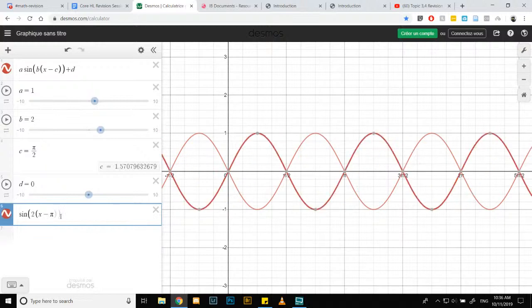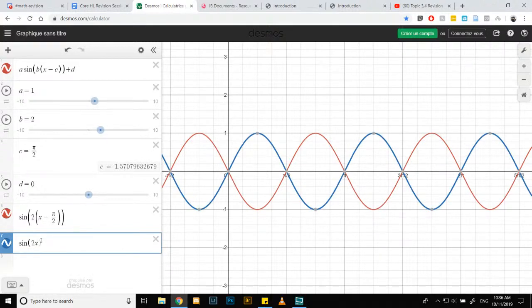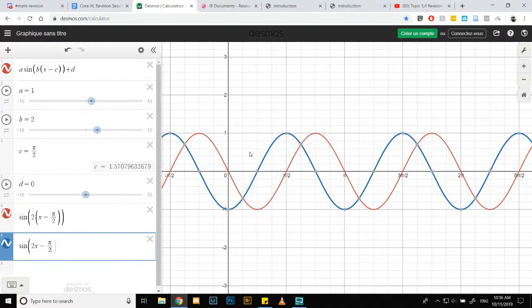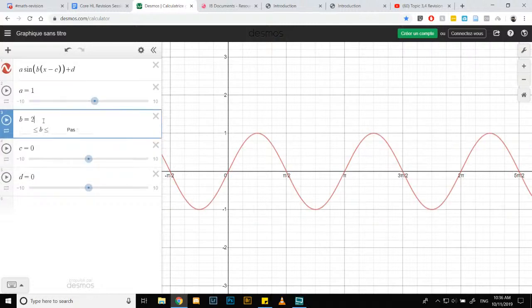You need to make sure you put it in brackets like that. The 2 covers the entirety of the function. This is not the same as sine of 2x minus pi over 2. That is wrong, and it will give you the wrong function. You need to make sure that the scaling, the stretching or squishing factor, is around the entire translation factor of the sine. So yeah, move it back to zero.